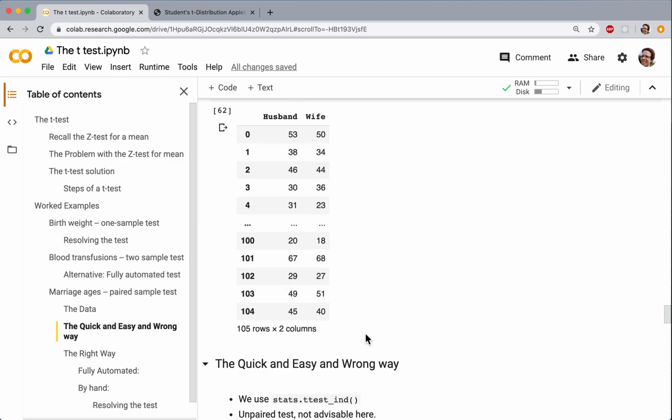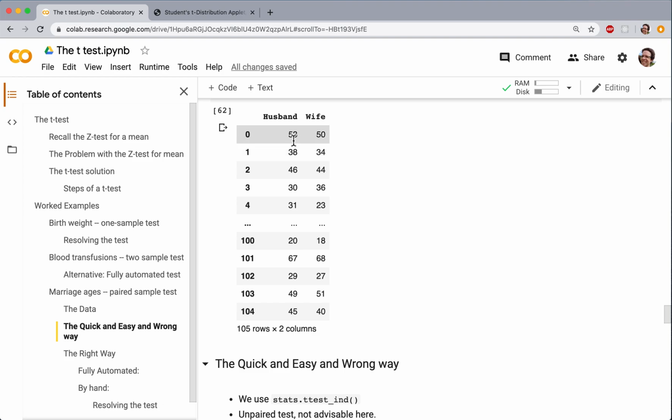So this type of data, where we have numbers here to be compared with numbers here, but they naturally pair up. We might have similar data like before and after data, before and after some drug treatment, or before and after some educational thing, then you would measure some pre-test, post-test thing.